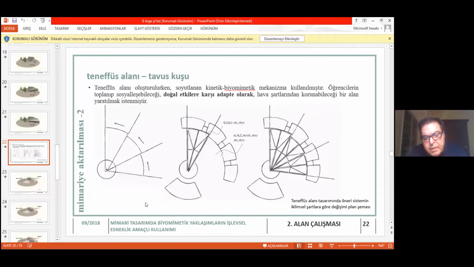Its kinetic behavior is not only for elementary schools, but also for a shelter for immigrants, and maybe an emergency hospital. It has changeable functions in the building. And she was inspired by the peacock tail in that design.